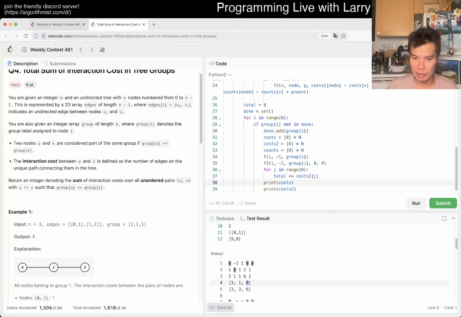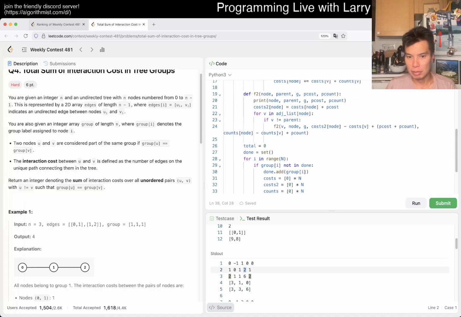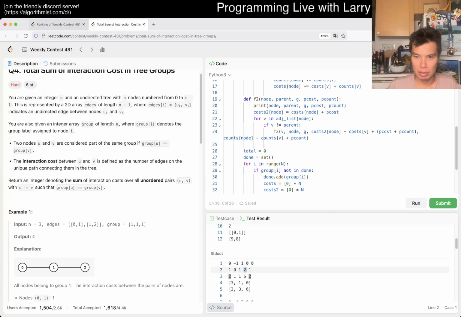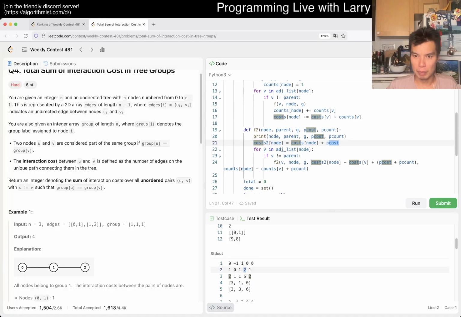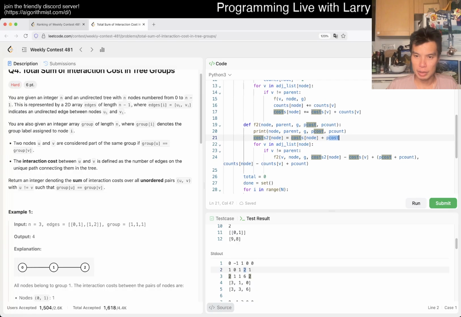That looks right actually. So this cost is the parent cost. Maybe I'm off by 1. Okay. So it goes cost is 1 plus P cost. P cost is 2, which is wrong. P cost should be okay. So this cost is 3 minus 1.